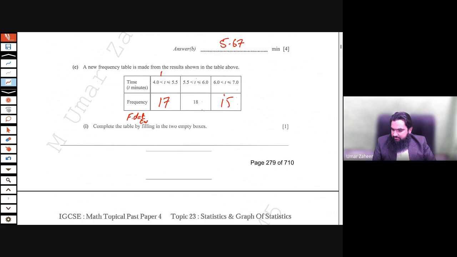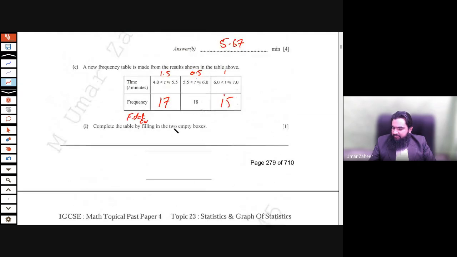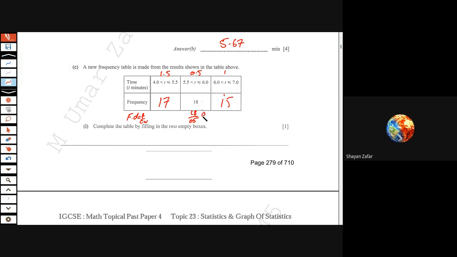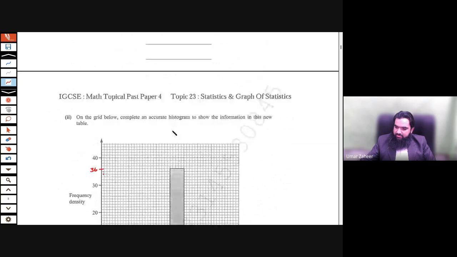The class width is 0.5. So frequency is 18 divided by 0.5, yes, it is 36. So look here, we are getting 36. It is already drawn.